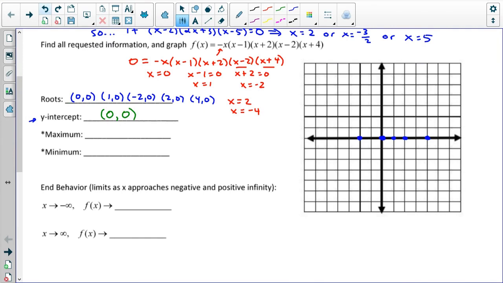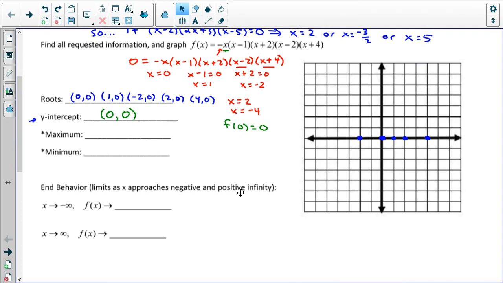But even if I just did that right away, f of 0, I would get 0 pretty quickly, because 0 times everything is 0. So we have a general idea as to what this graph is going to look like in terms of where the intercepts are. But now we have to figure out what it's going to look like otherwise.